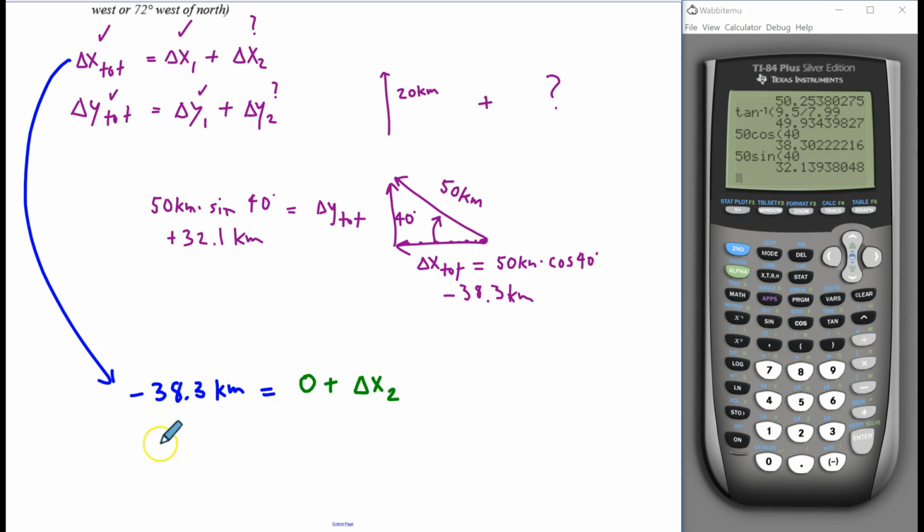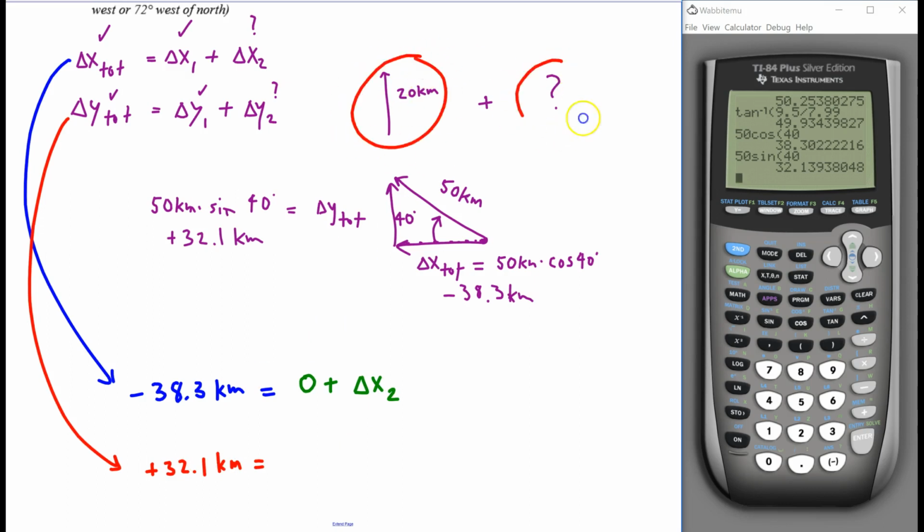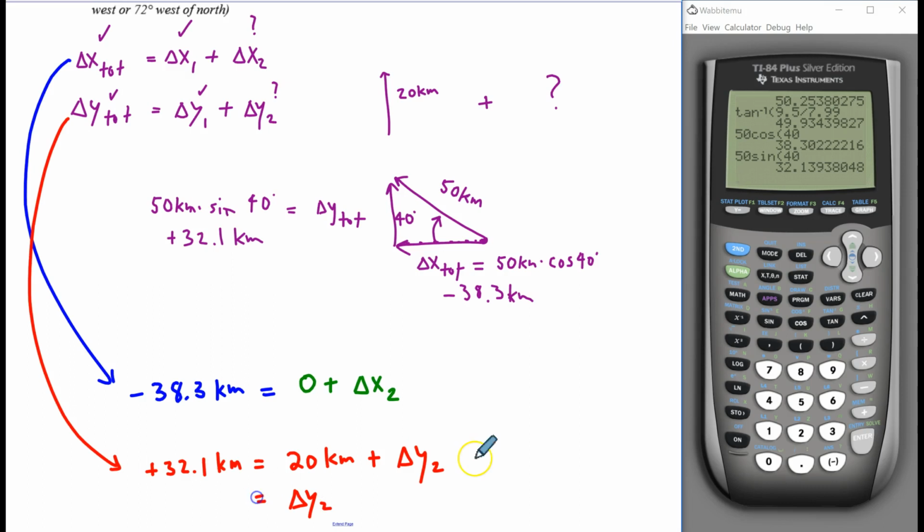It is negative 38.3. We do the exact same thing with the y-axis. The total we found was positive 32.1 kilometers. And we got that total by adding the y component from this with the y component from this. This y component is 20. It doesn't go on the x-axis. And from here we can find the y component of our second displacement. It's this 32 minus 20. Well, that's pretty easy, 12.1.